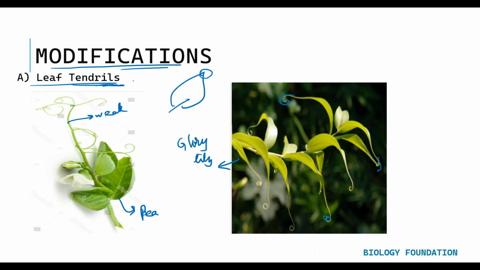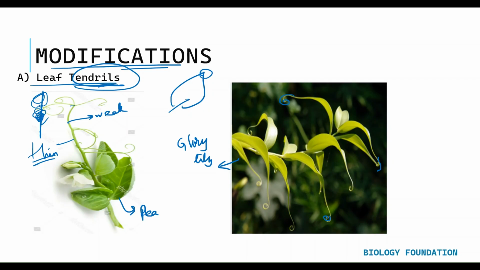Okay, so usually the stem provides support to the plant, but here the stems are quite thin, they are weak. So in order to provide support to the plant, the leaves get modified into tendrils. These tendrils twine around strong support. They twine around the other plants and help the main plant to grow.